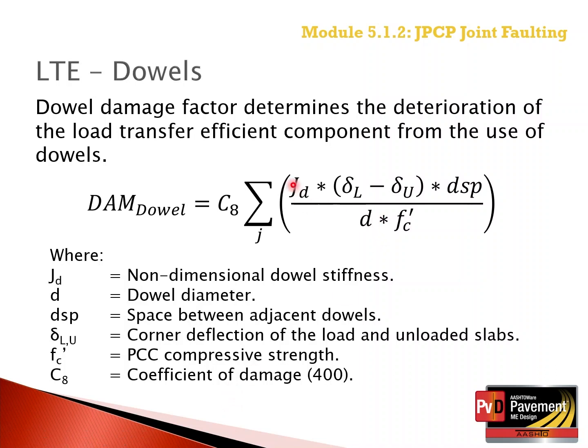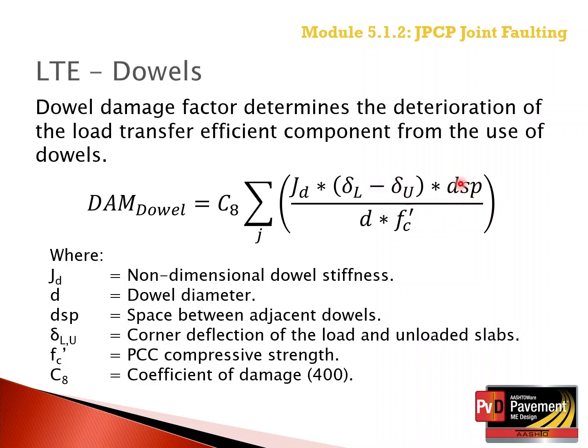The JD is a non-dimensional dowel stiffness at the time of the load application. The lambda L and U is simply the corner deflection of the loaded and unloaded slabs.